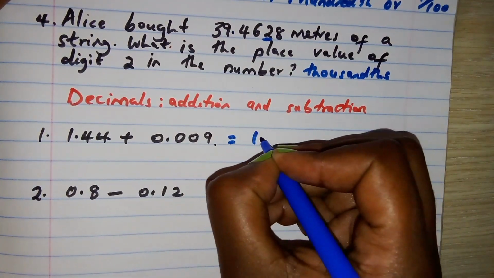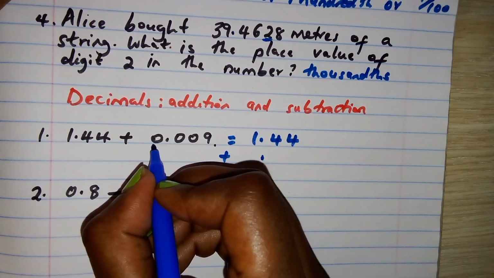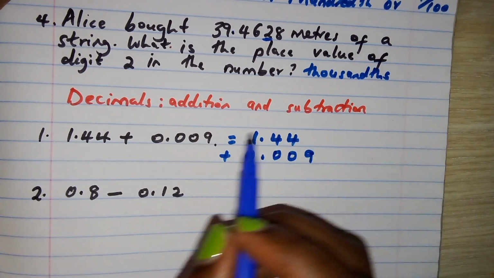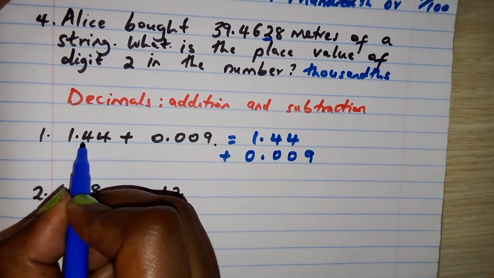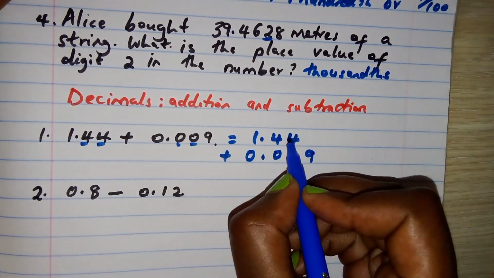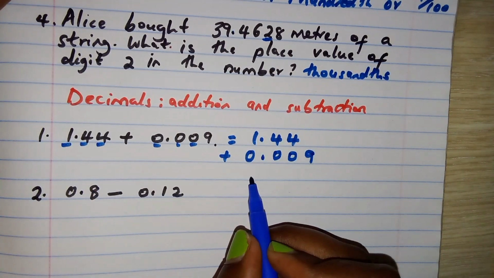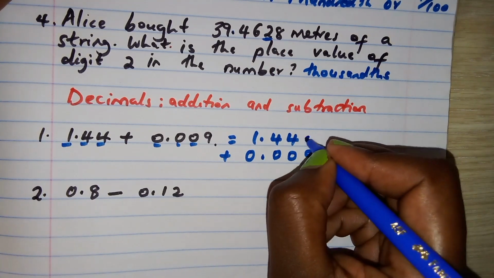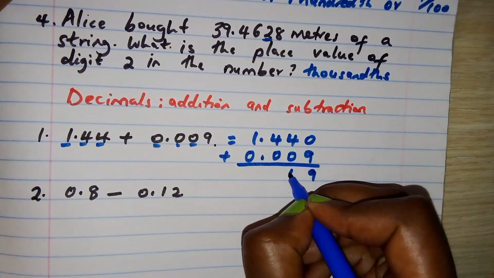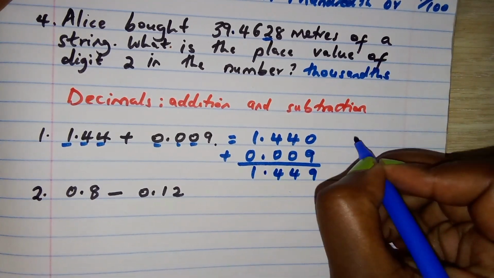So this one will be 1.44 plus 0.009, such that the tenths are in the same column, the hundredths are in the same column, and the units are in one column. Since there is no number here, always put a 0, then you can add. 0 plus 9 is 9, 4 plus 0 is 4, 4 plus 0 is 4.